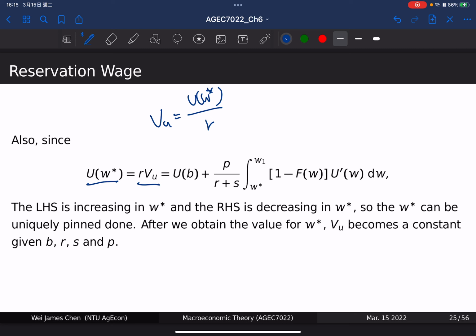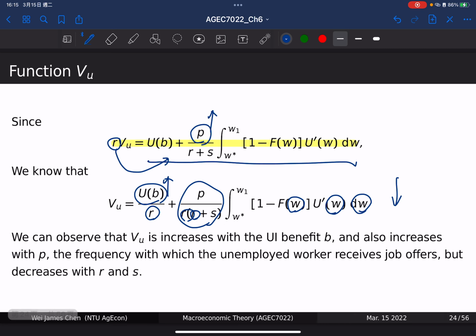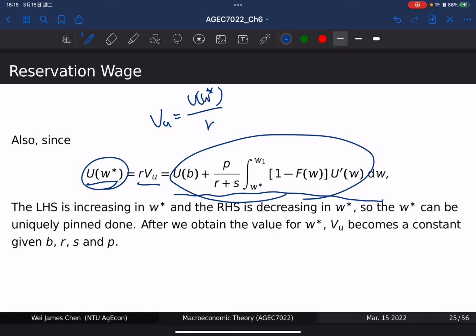So u of w star equals r VU, and r VU equals this whole thing. And you see that the left-hand side is obviously increasing in w star. And on the right-hand side, the only place w star appears is here.